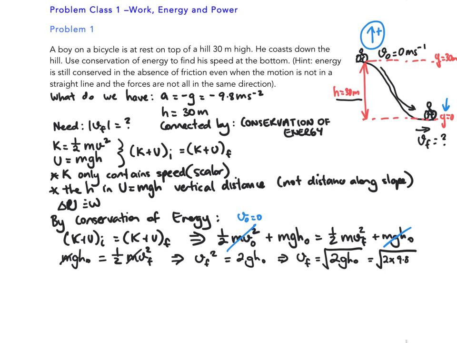Notice I didn't put minus 9.8 because it's asking for g. Times 30, which was our initial height. So therefore, v final is 24.5 meters per second. That's excellent. If we had friction, that would be less.